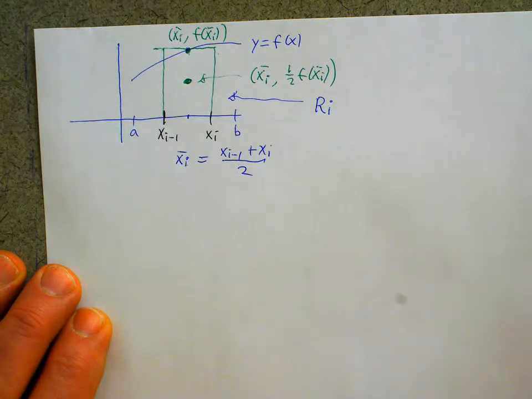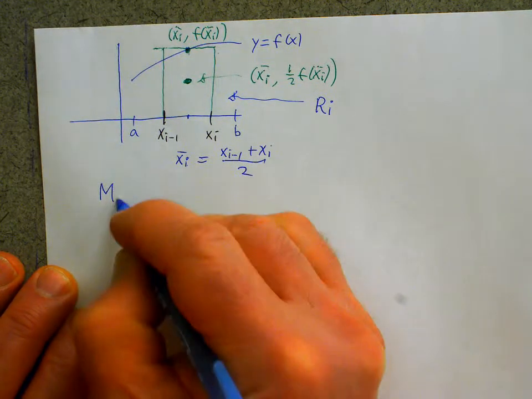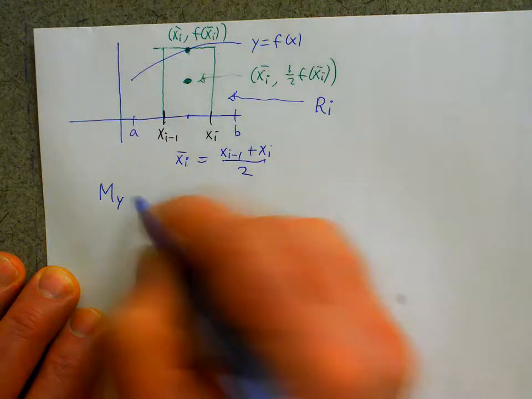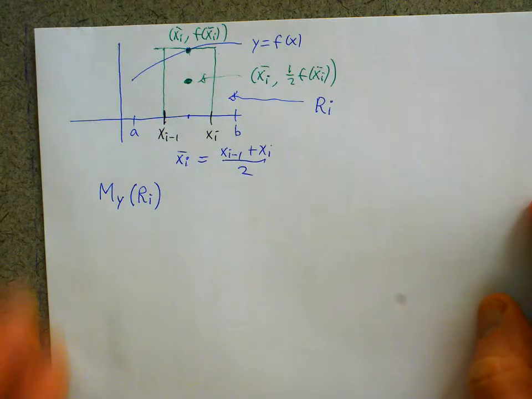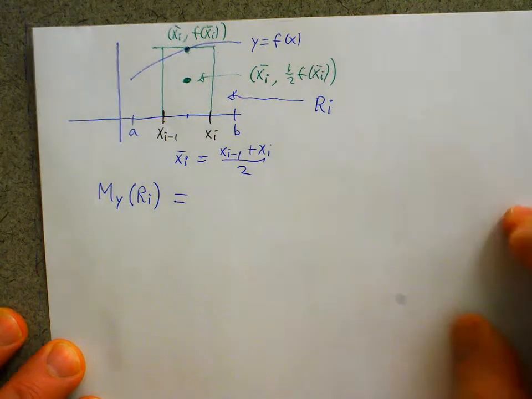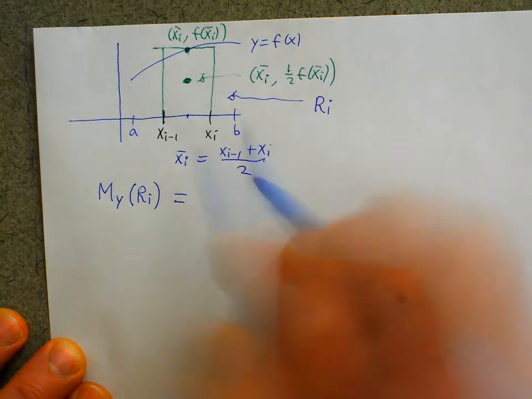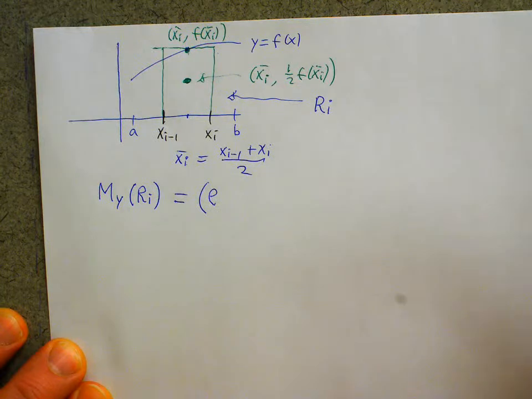Then what we found yesterday: the moment of the rectangle R sub i about the y-axis is equal to the mass of the rectangle, which is rho times the area.